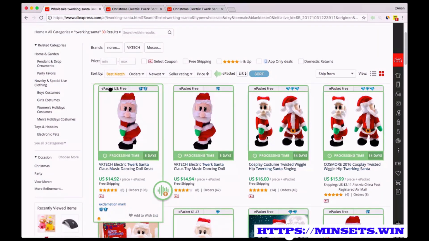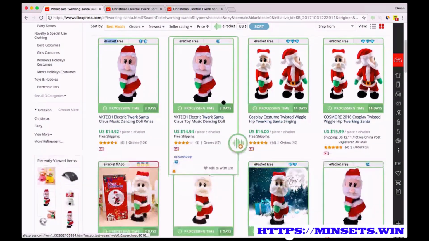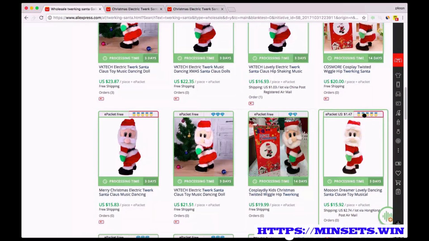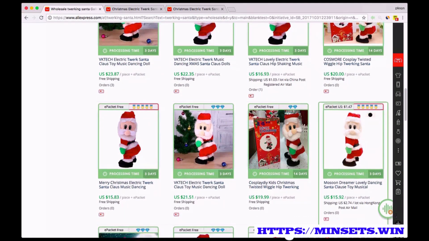So like 100%, the seller needs to have ePacket as well. And then there'll be some sellers down here, so up here we'll have red, which means they have like gold medals, which means they haven't been around enough to collect a high feedback rating.